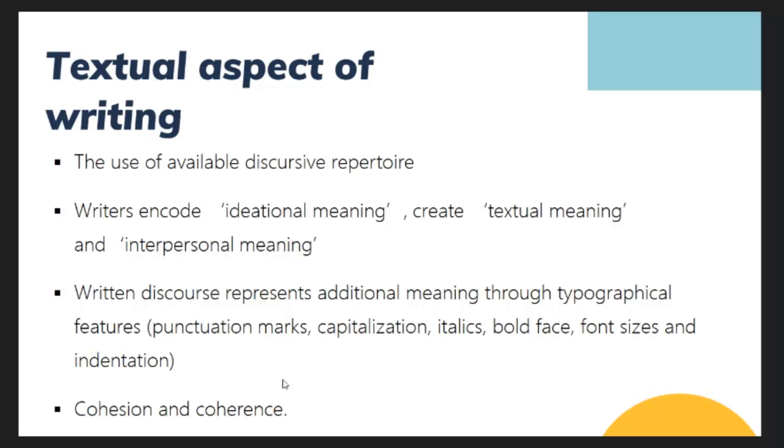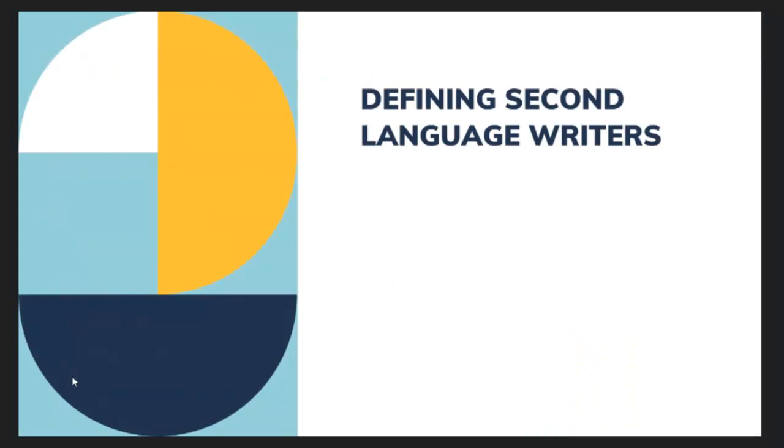So to assess the qualities of the text, we need to take into consideration the context in which the text is written and also its intended audience. So that is all about writing.